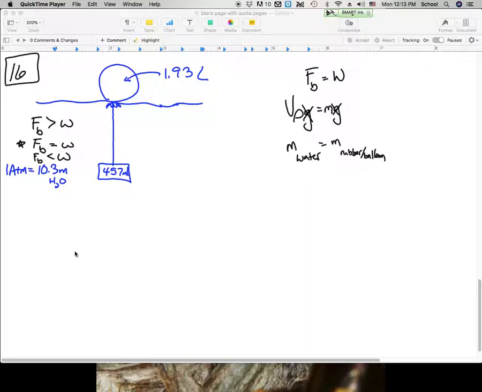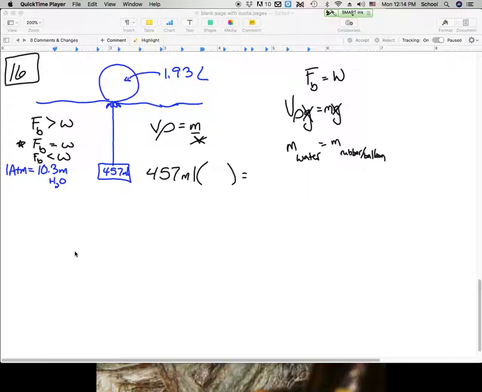So we have to do a couple conversions so that we have masses correct. First thing we want to do is, we know that density is equal to mass over volume. So if we're looking for the mass, I'm going to bring the volume over here. So we have 457 milliliters times the density of seawater, that's going to tell me the volume of, I'm sorry, I'm doing step 2 instead of step 1.